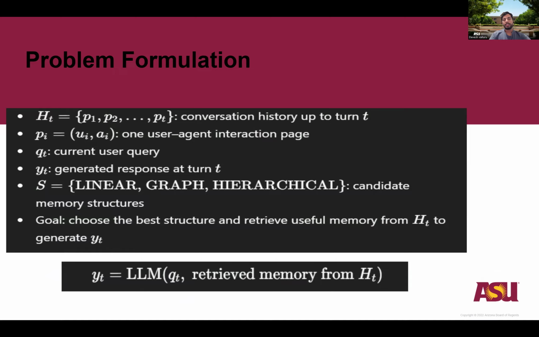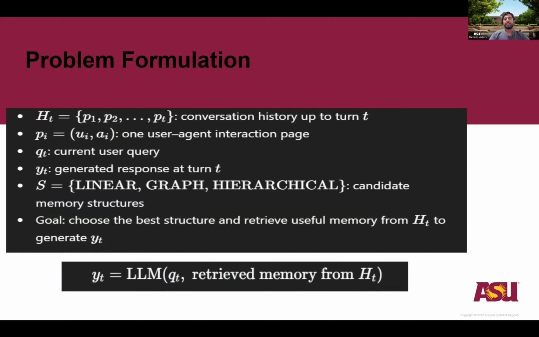First, we have conversation history, where we store all the user-agent interaction pages with respect to time. Each page P1, P2, P3 has a user and an action for that particular instance.